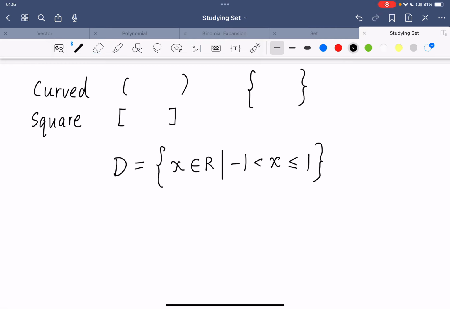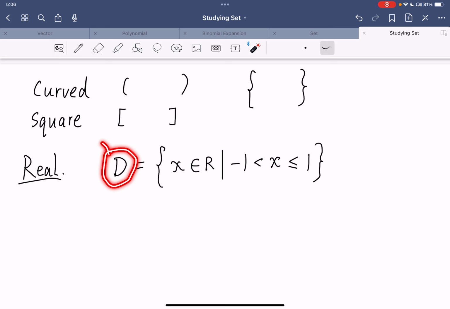So the universal set can be the real number, right? And this set D lies in the universal set.